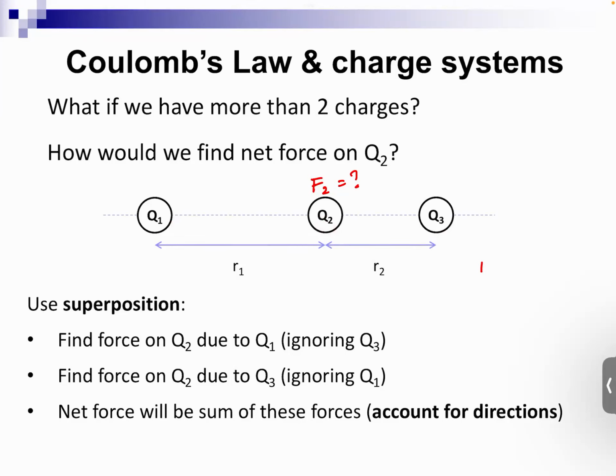So the real key concept there is that if you have more than 2 charges, then look at 2 charges at a time, because force exists only between 2 charges at a time. But overall, you can add up each of the individual forces to get the net force on a charge.